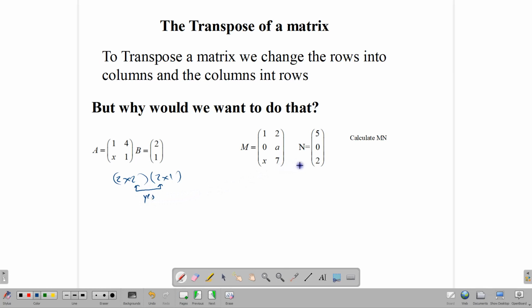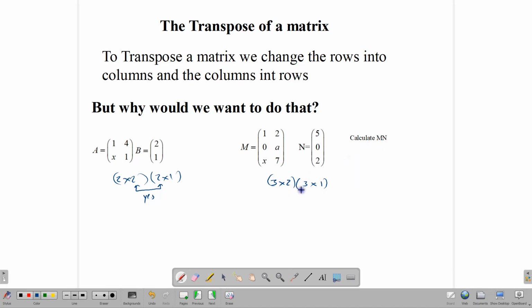However, in this case, calculating MN, we have 1, 2, 3 rows, and we have 2 columns, and this matrix has 3 rows and 1 column. If we want to calculate MN, then we realize that the multiplication as it is stated cannot happen.